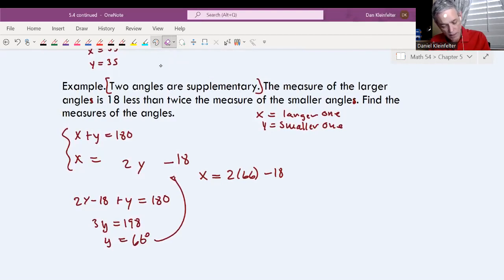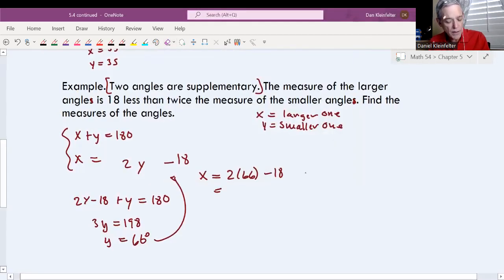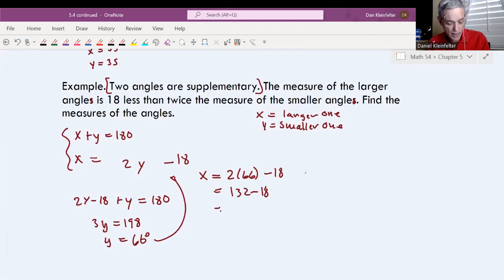That works out to be 132 minus 18, which is 114. So we have 114 degrees and 66 degrees.